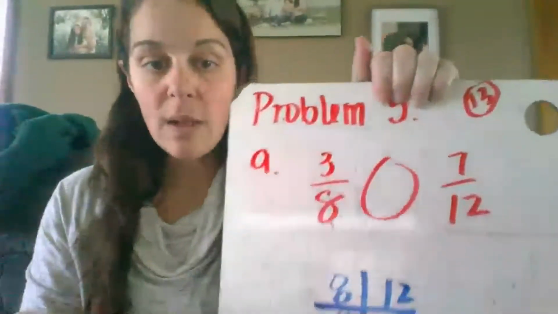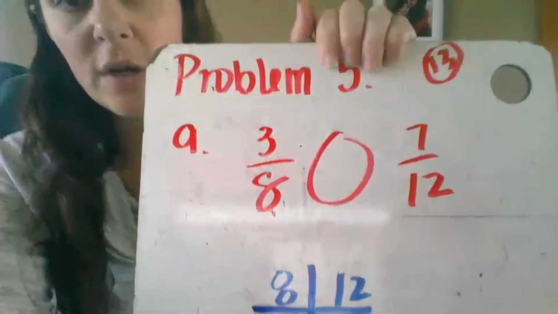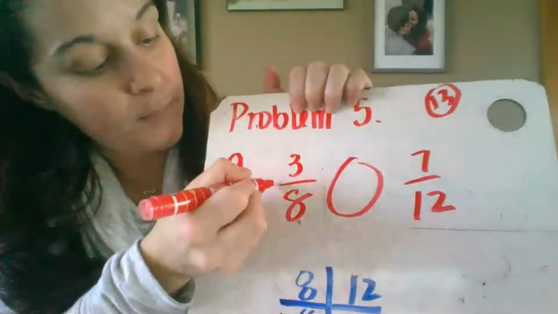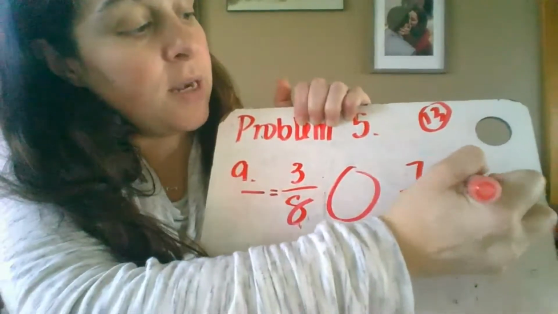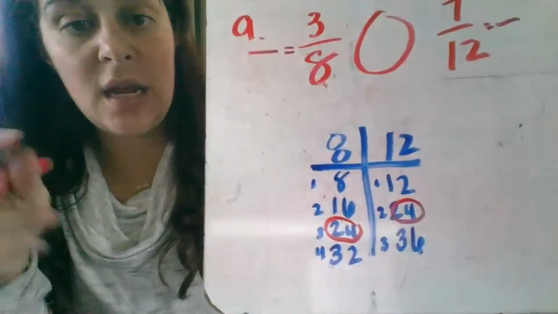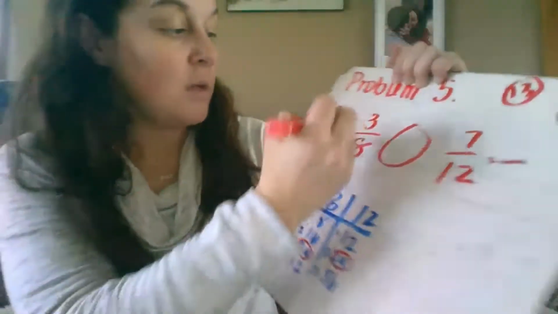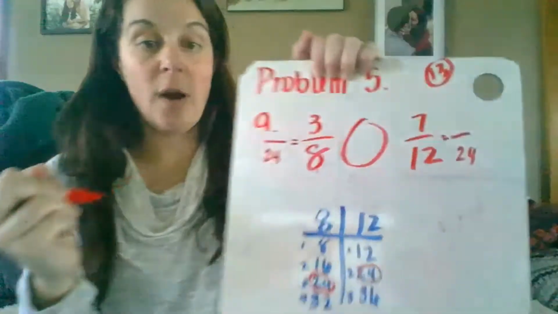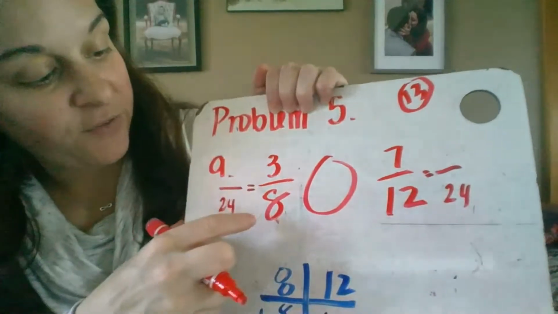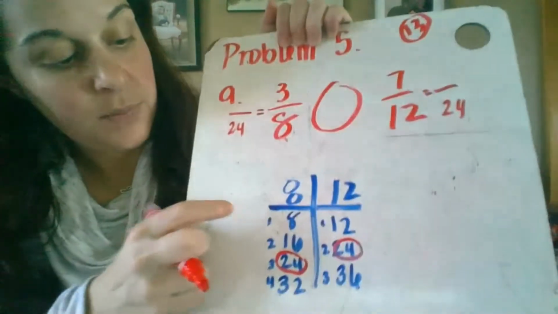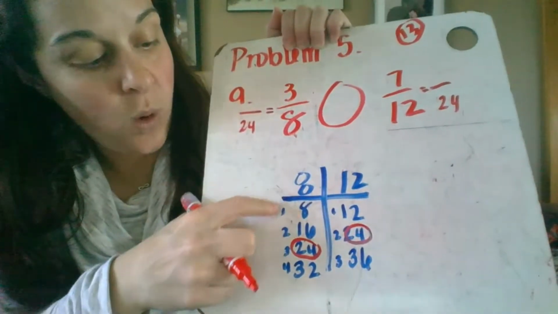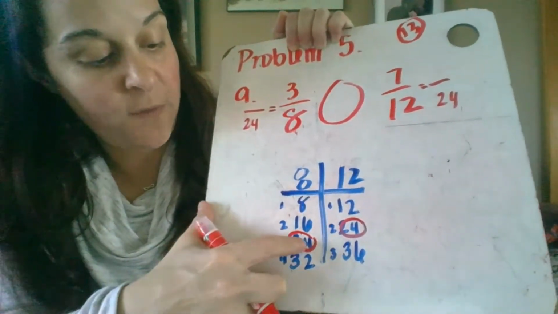I'm going to put this down because my hand hurts holding it up. So now I know that I need a new denominator here, and I'm going to need a new denominator here, and we already picked it out. It is 24, so I'm going to write that in. Now, I'm looking at 8. 8 times what number jump gave me 24?